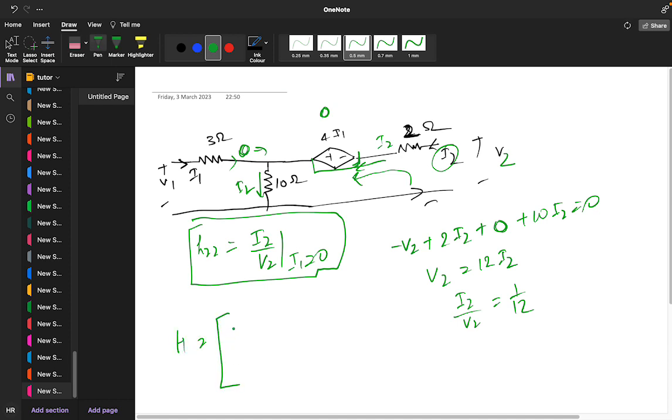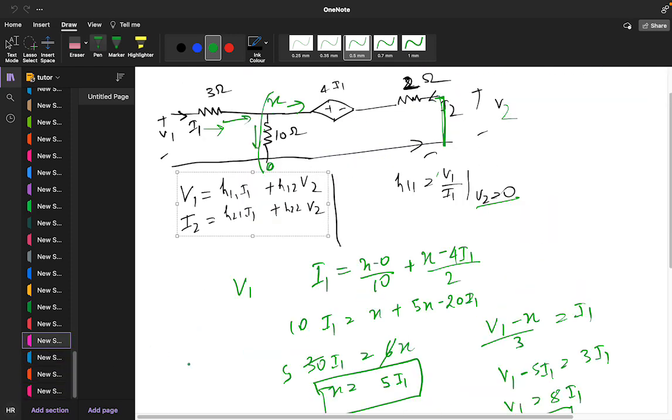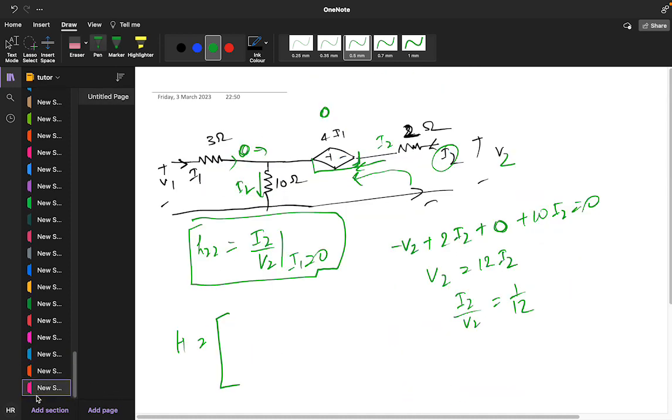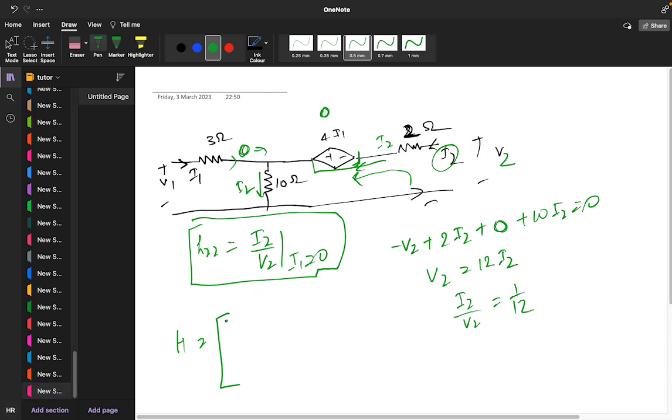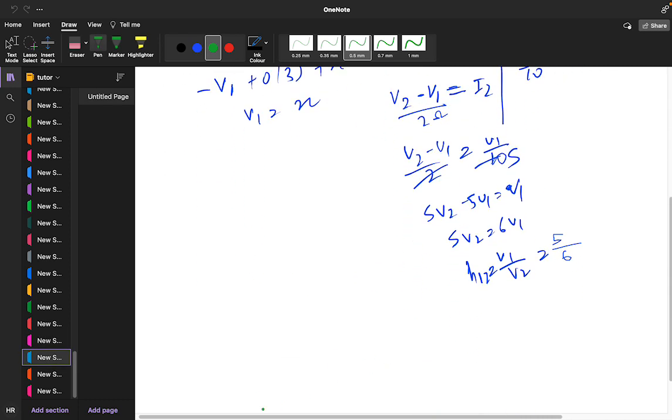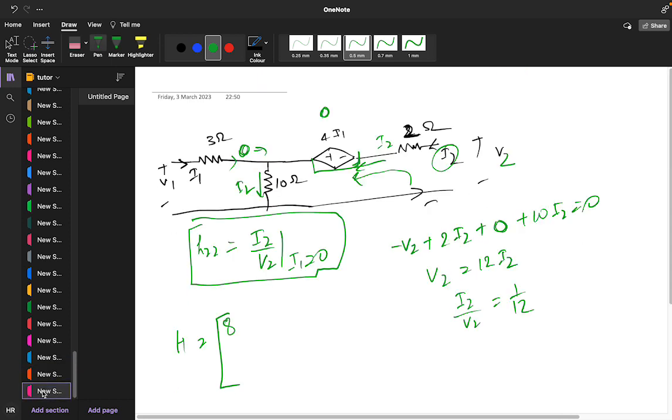Can anyone tell me what value of H11 we got? H11 was 8. What is the value of H12? It's 5 by 6. Convert it into decimal form: 0.833. And the value of H21?